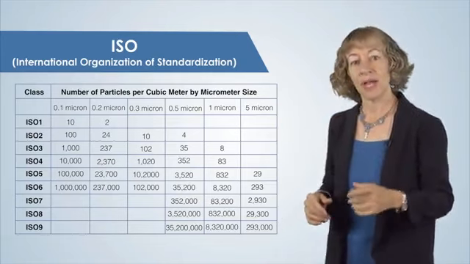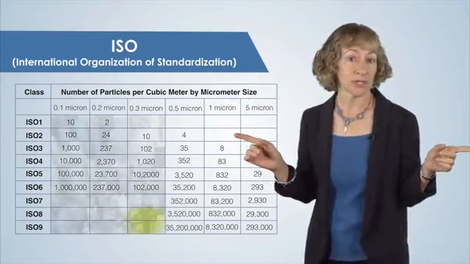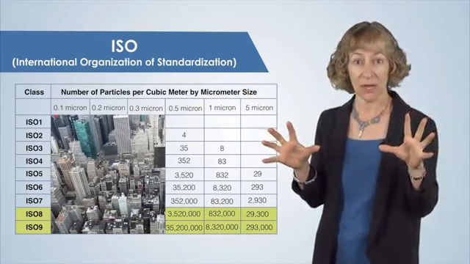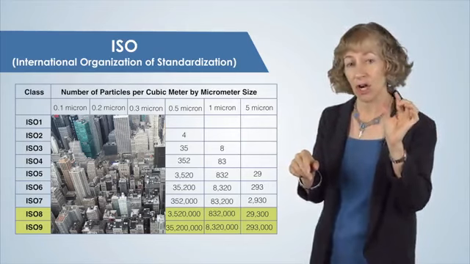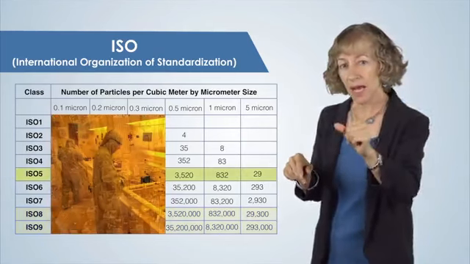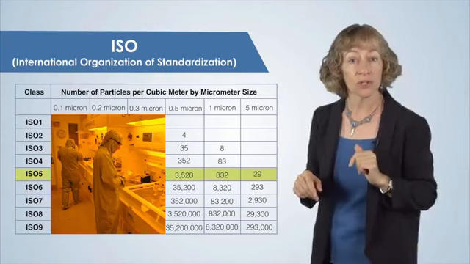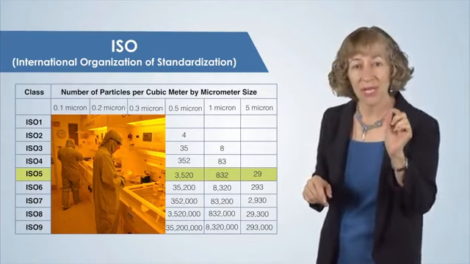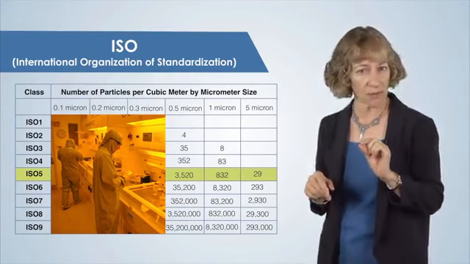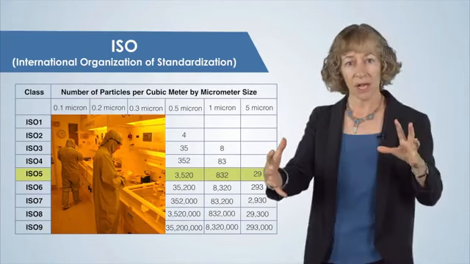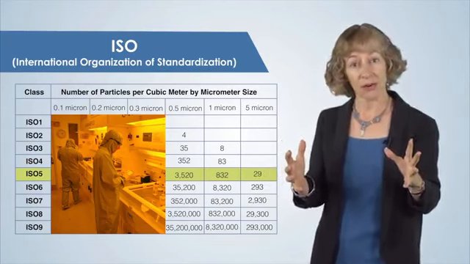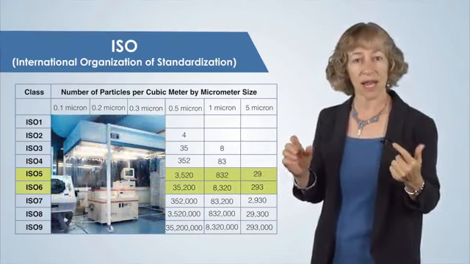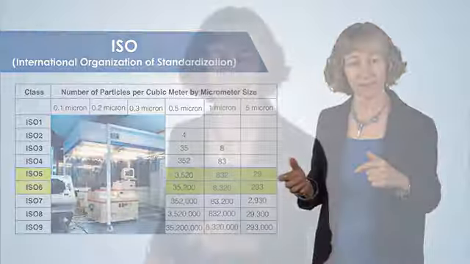As an example, the outdoor air in a typical city environment contains millions of particles per cubic meter that are a half a micron and larger in diameter. In contrast, a typical clean room, which is rated ISO 5, can only have 3,520 particles per cubic meter that are over a half micron in diameter. The clean rooms that you'll see in these videos are rated ISO 5 and 6.